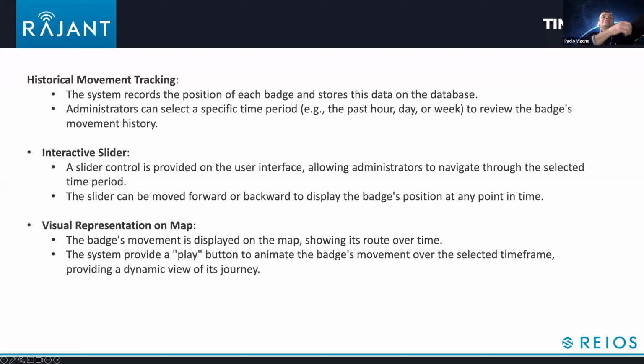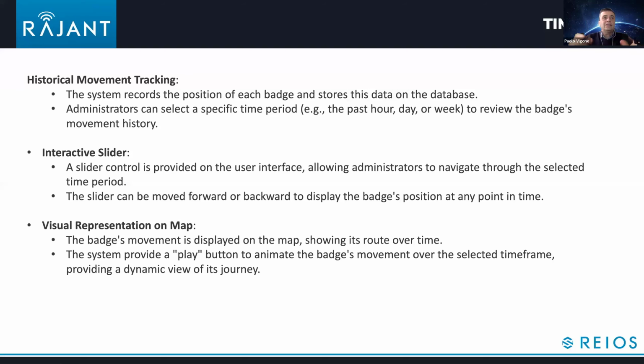Because the positions of the badges are stored in our database, it's possible to select a time frame, a specific period, for example, a day or last week, last hour, to review the badge movement history.